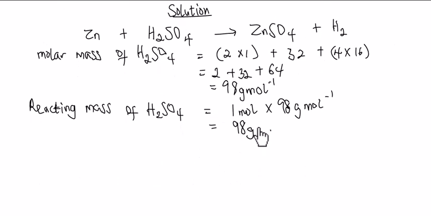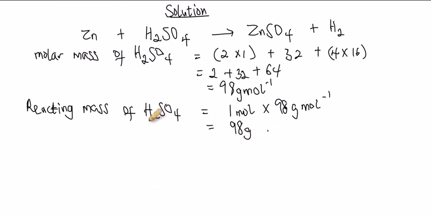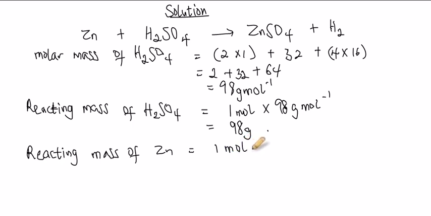The reacting mass of zinc, now we have 1 as the coefficient here, and it is just an element. This is not a compound. So from there, we have the atomic mass to be 65, and that's what we'll be working with. We'll say reacting mass of zinc equals 1 mole multiplied by 65 grams per mole, which is equal to 65 grams.